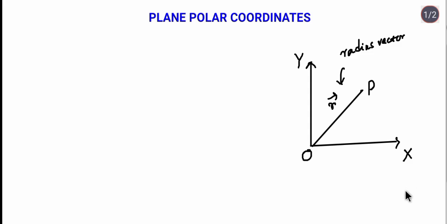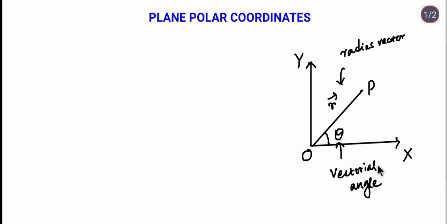And the angle theta which this radius vector makes with the x-axis is known as the vectorial angle. So this was our introduction.